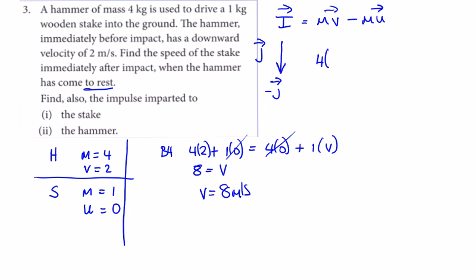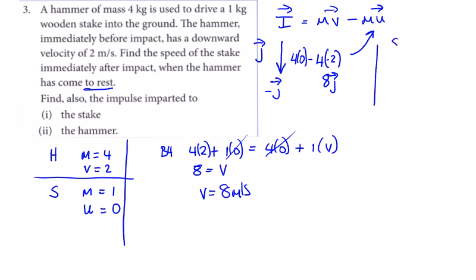What speed was it going? 2. It's going at a speed of 2. That would be the before part. The after part is that it's actually come to rest, so it's 4 by 0 minus the -2, which is the negative direction, so that's actually going to give me 8 in the J direction.